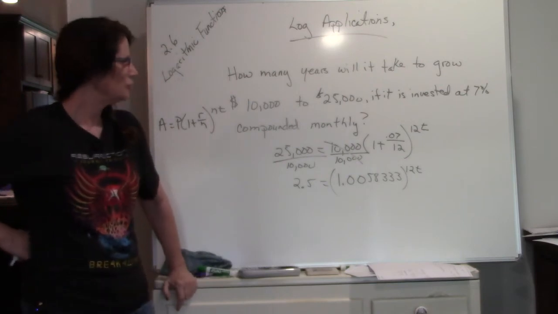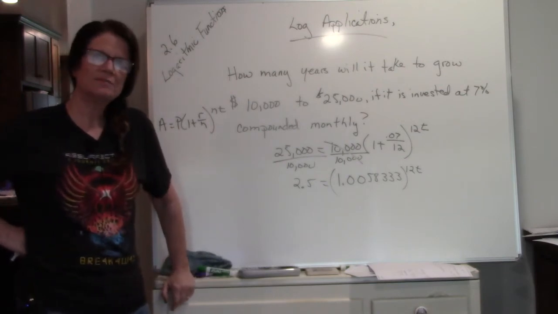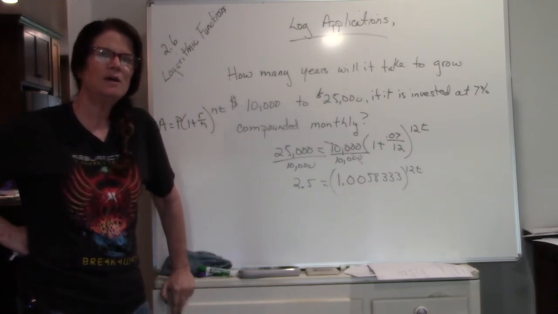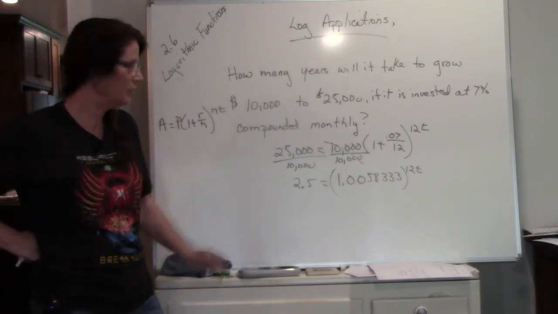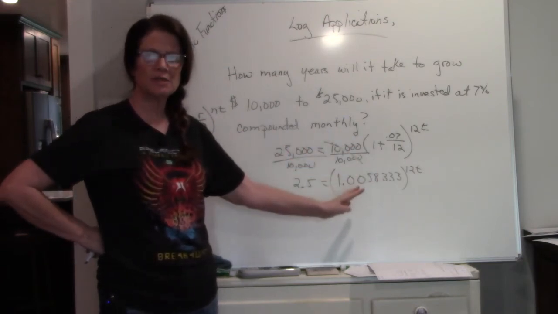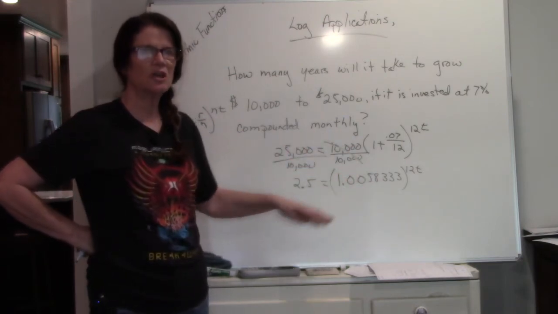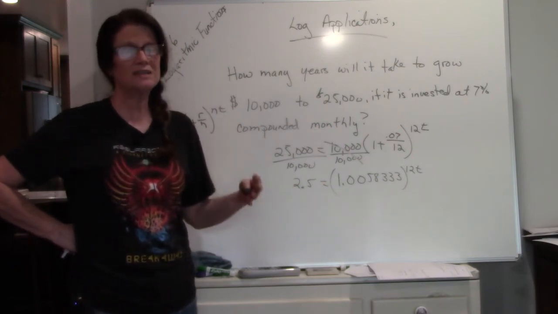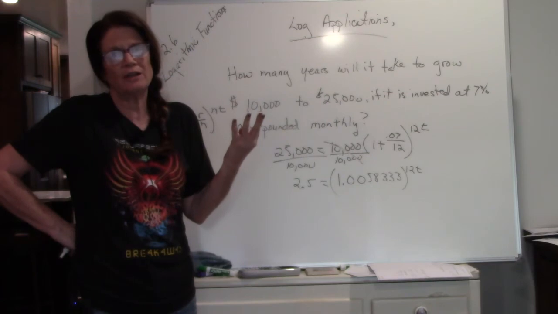Okay, so now you notice there's no e. But the good thing is because I'm undoing things, as long as I undo the same technique on both sides of my equal sign, it doesn't change the values. So I can ln both sides or I can log both sides. It really is up to you. I just prefer ln.